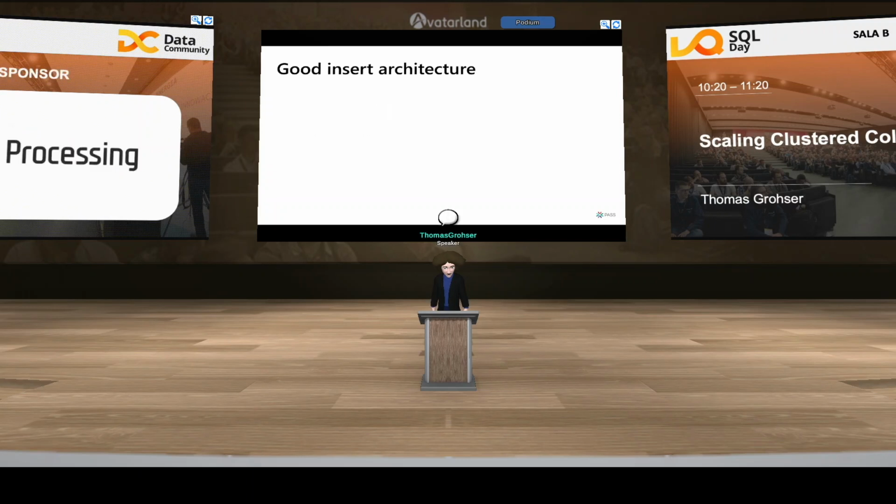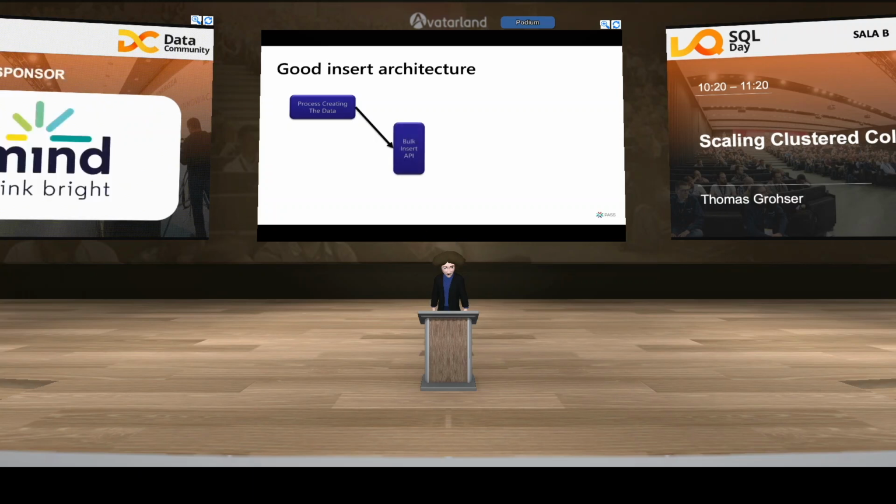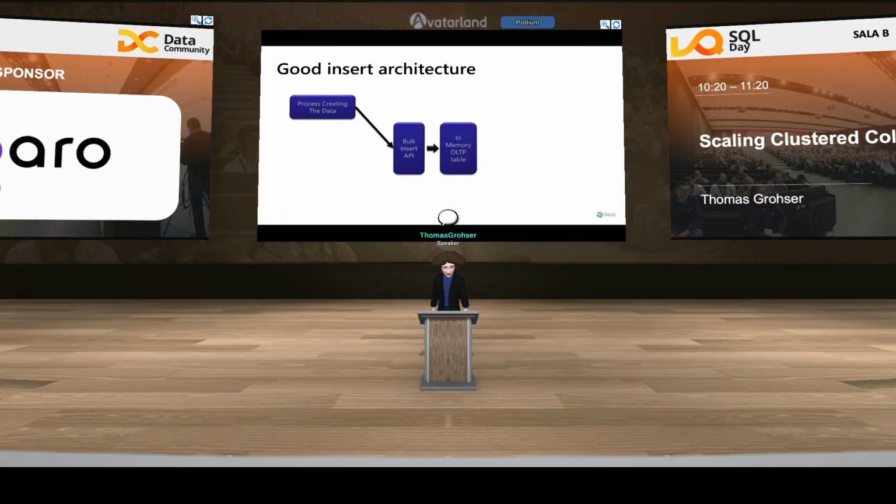This is the architecture of how we inserted data in a very efficient way. We had some process outside of SQL Server that was creating the data, and we used the bulk API to put it into in-memory OLTP tables, because we could not guarantee that that process would have the 1 million rows at a time.